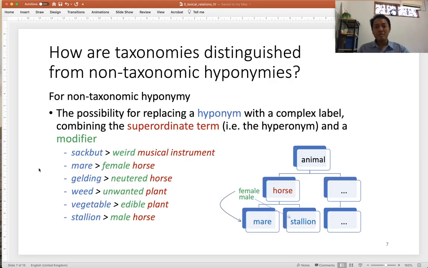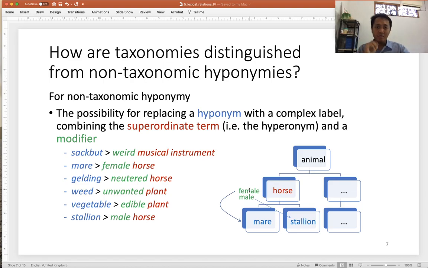And how are taxonomies distinguished from non-taxonomic hyponymies? The non-taxonomic hyponymy allows you to replace the hyponym, the more specific term, such as here mare. You can replace it with a combination of superordinate, namely horse, and a modifier such as a gender adjective, female.